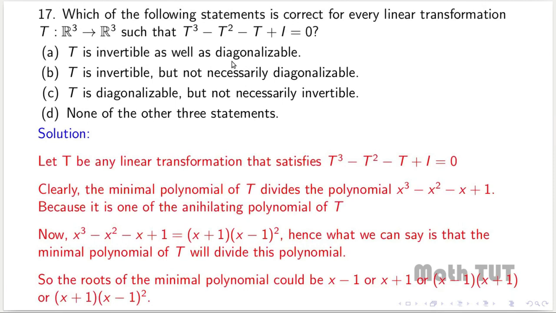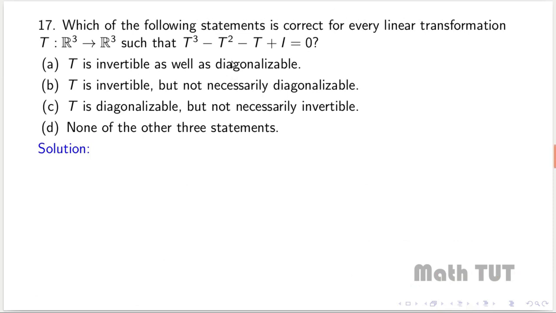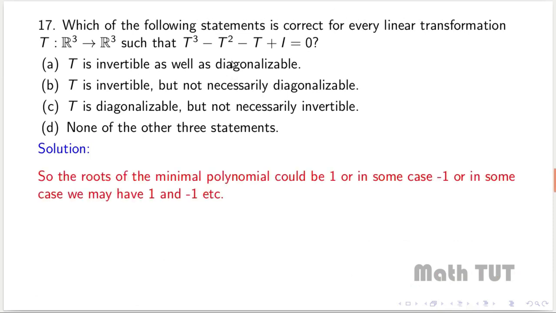If it is going to be x - 1, then the minimal polynomial has root 1. If it is going to be x + 1, then the minimal polynomial is going to have root -1. Or if it is (x - 1)(x + 1), the minimal polynomial will have roots 1 and -1, and so on. But we don't know exactly what the actual minimal polynomial is.